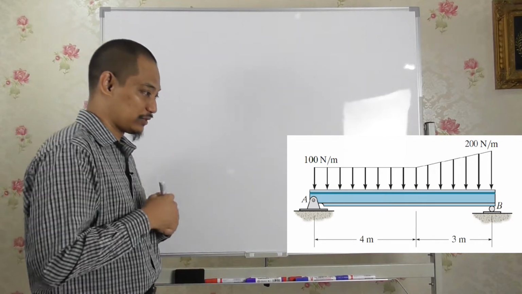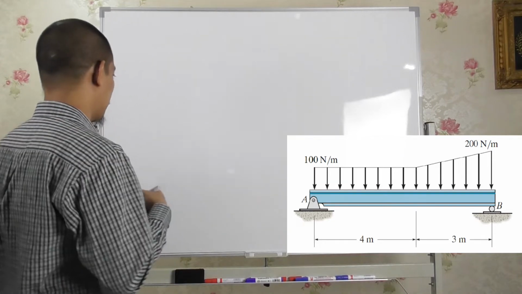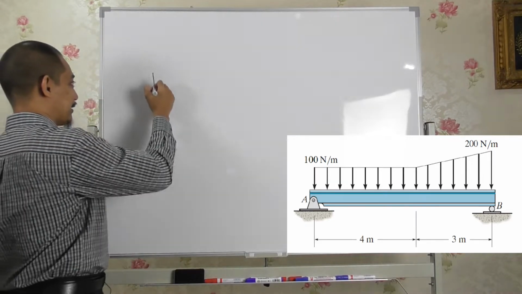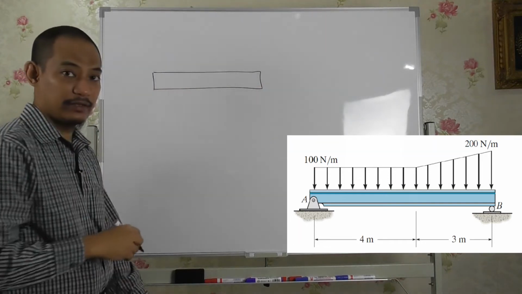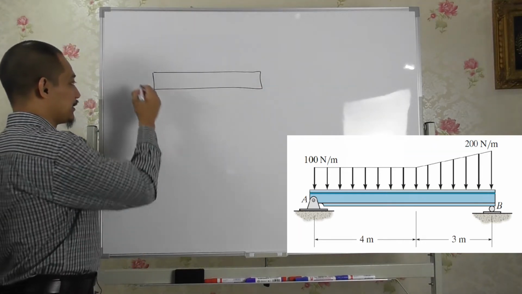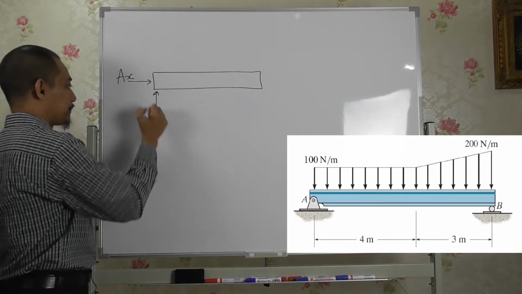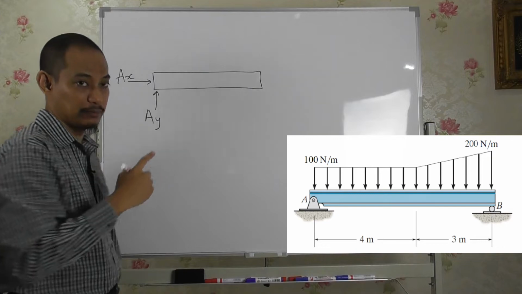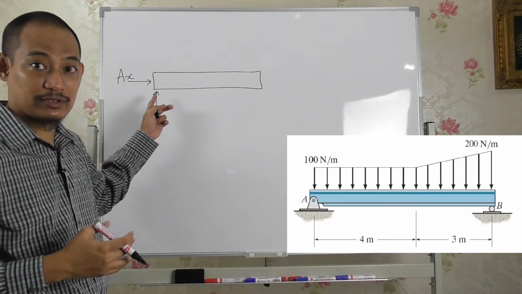So going back to this question here, first step, as usual, draw the free body diagram. So we will just have the beam, and then at A you have a pin support, so you have AX and AY. Obviously both of these are assumptions in the sense that the direction can be to the right or to the left.